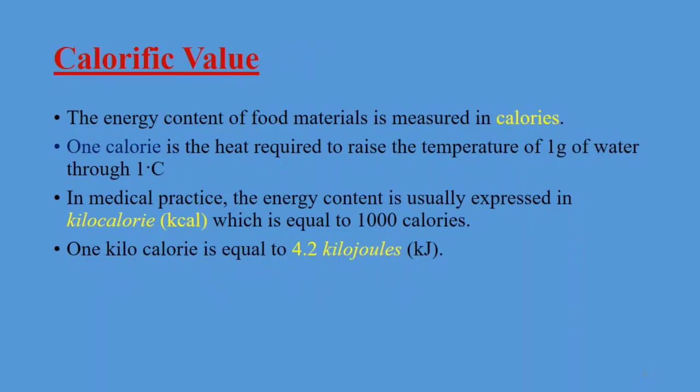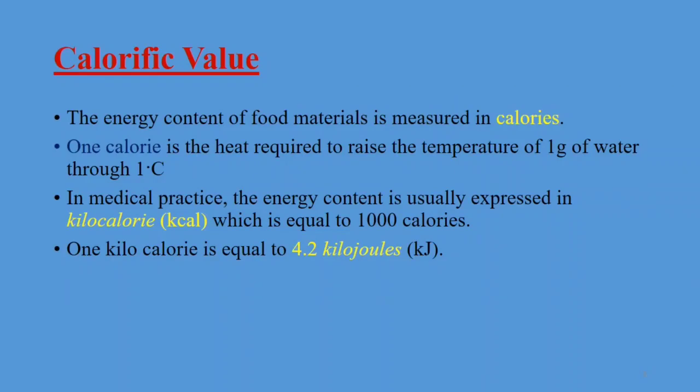Now, coming to the calorific value, here the ingested foods are oxidized in the body, which releases energy. First, we will see what is calorie. The energy content of the food is expressed in calories.